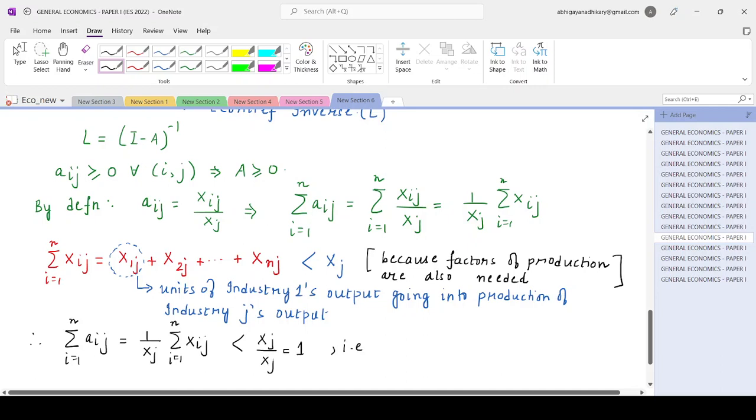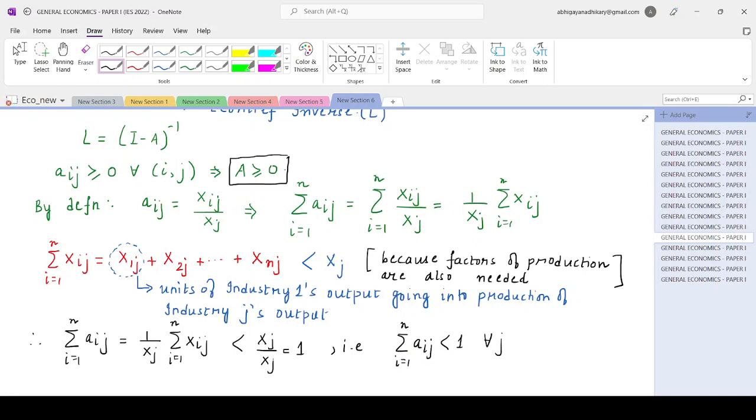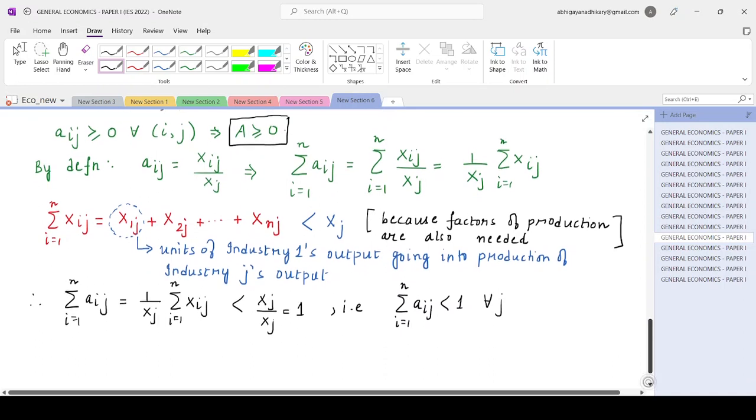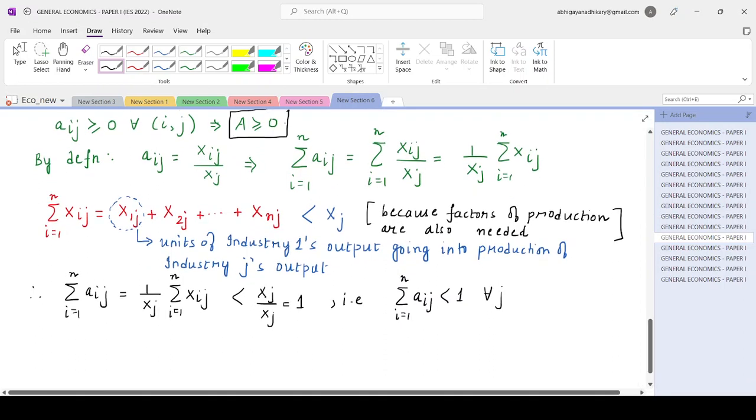That is, summation i running from 1 to n aij is less than 1 for all j. So there are two important features. One is your A greater than or equal to 0, the A matrix, and this thing: summation i running from 1 to n aij is less than 1 for all j, sorry.